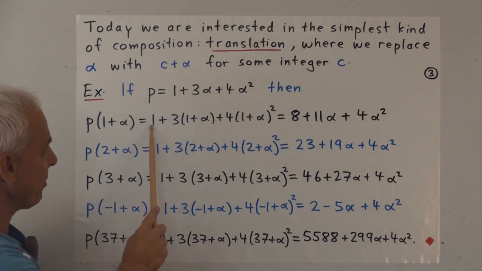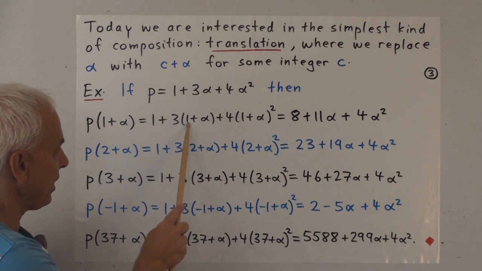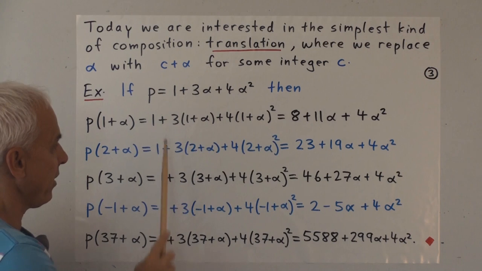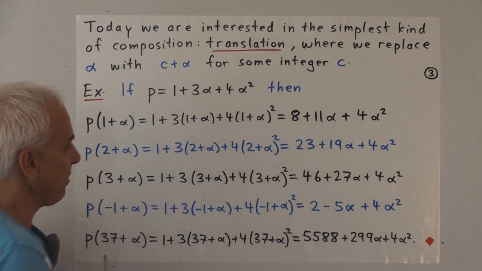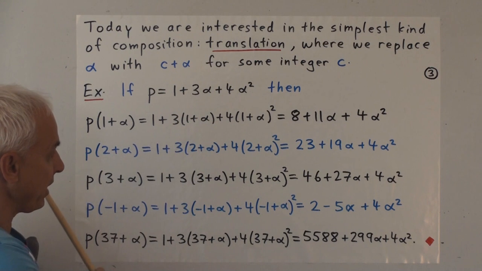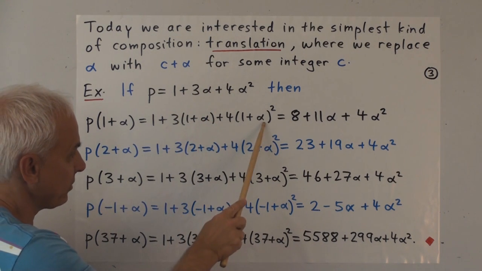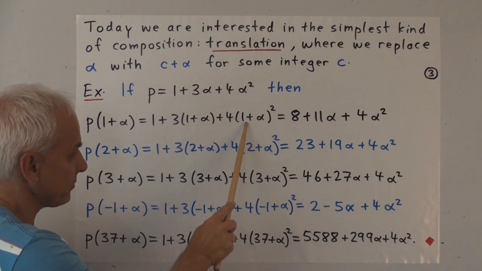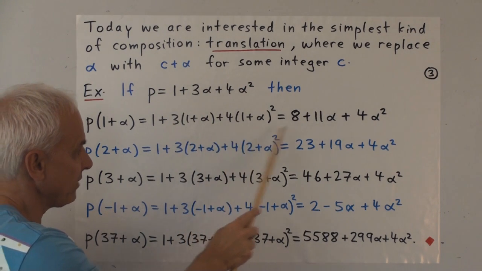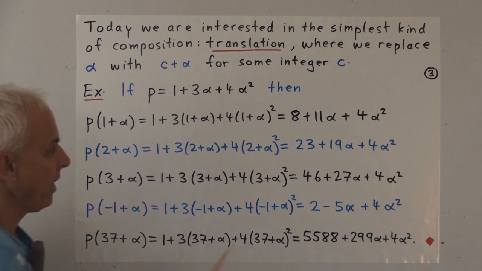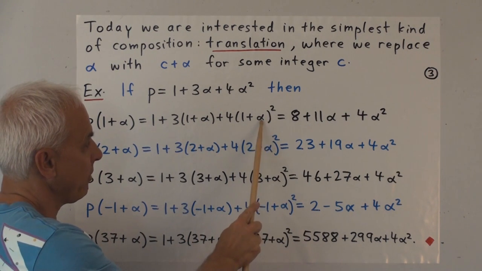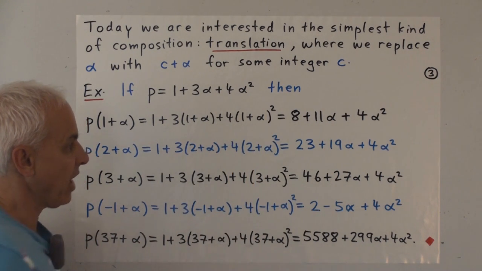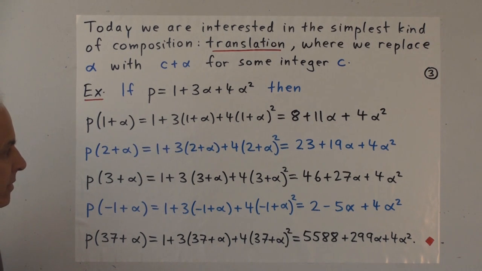So the constant term here, the 8, appears because you get a 1 here, a 3 here, and a 4 times 1 there for a total of 8. The coefficient of alpha is 11 because we get 3 alphas from here. When we expand this out, we get 4 times 2 alpha. So 3 plus the 8 gives us 11. And the alpha squared has a coefficient of 4 because that's only coming from here. When we square that, we get an alpha squared times that 4.